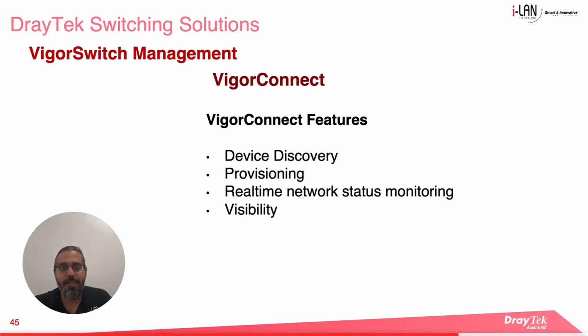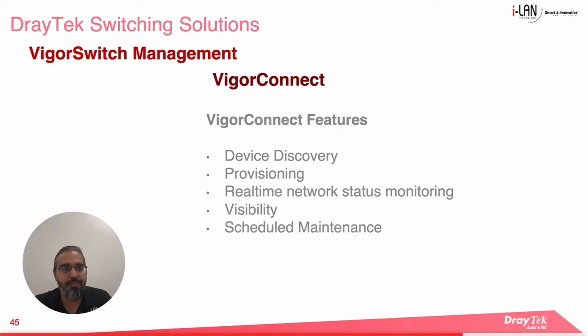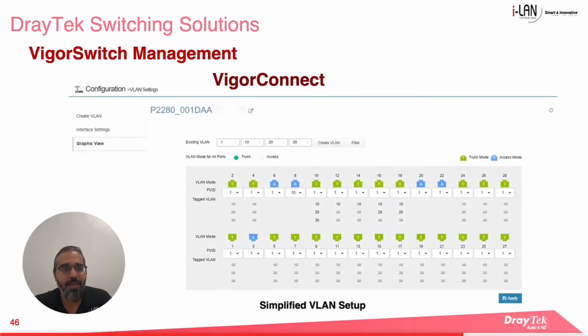Visibility gives you insight about the Vigor switch as well as CPU usage over a specific period. And maintenance tasks such as firmware updates or configuration backups can be done according to a time schedule. Setting up VLANs is also simplified when using the graphical view in Vigor Connect.